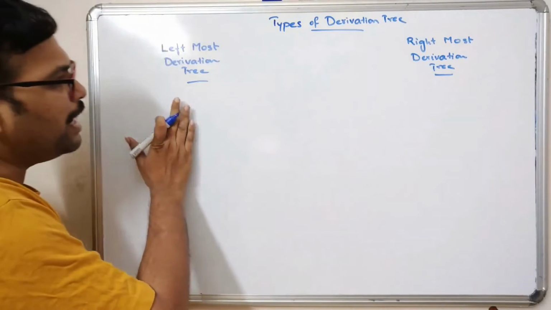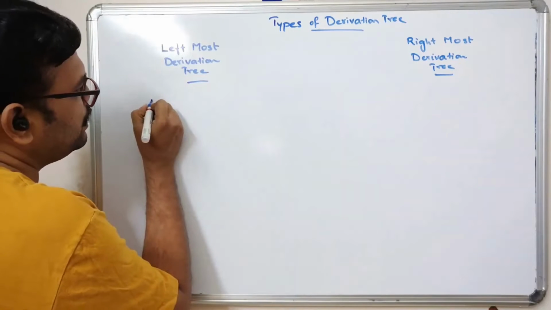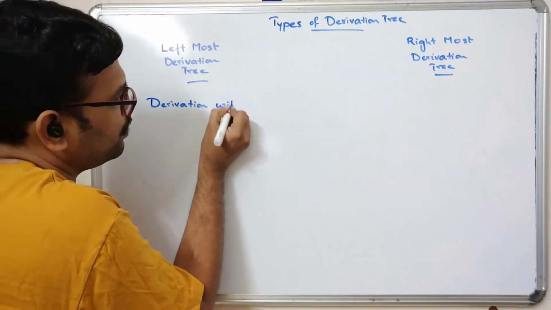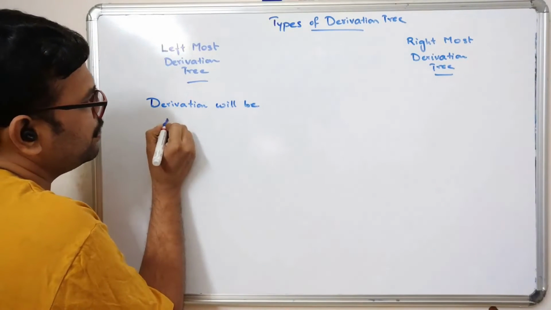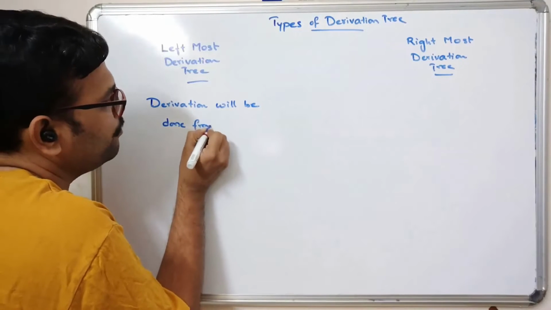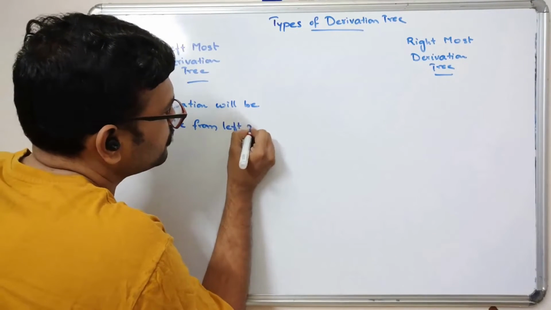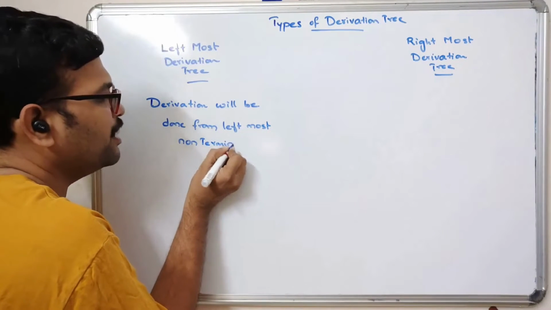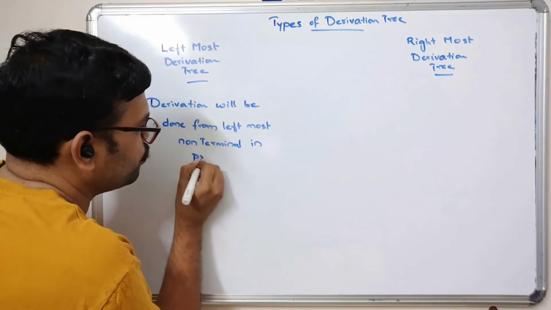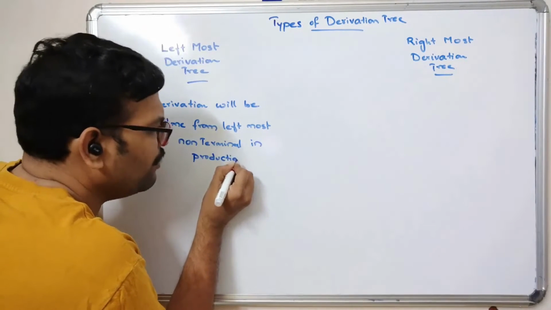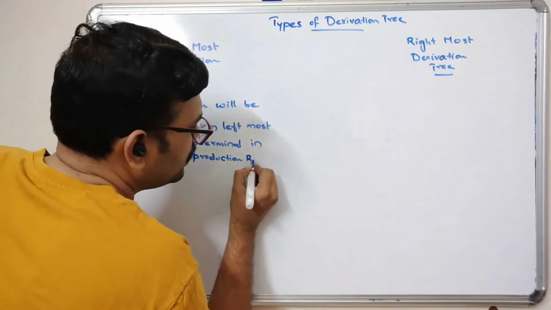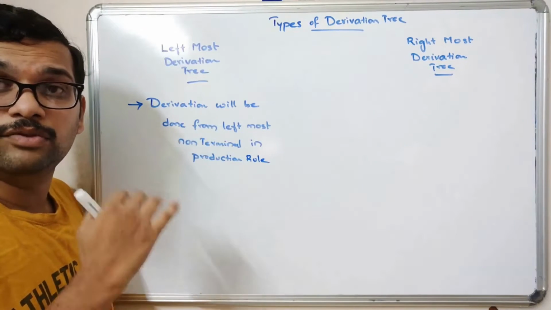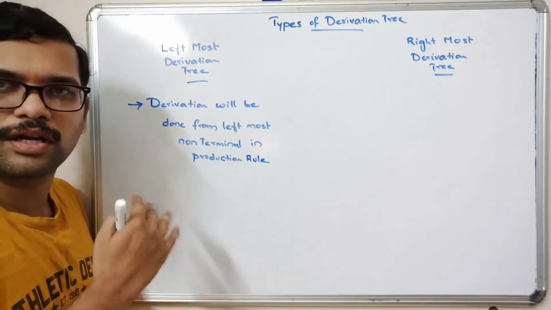Now in the leftmost derivation tree, the derivation will be done from the leftmost non-terminal in the production rule. I will tell you an example, so don't worry. The derivation will be done from the leftmost; we need to substitute the production rules from the leftmost non-terminal.